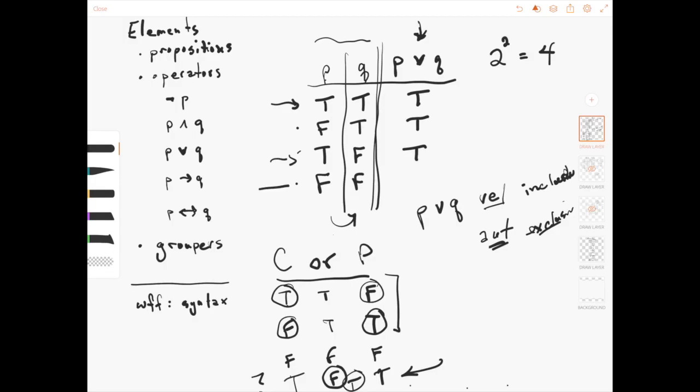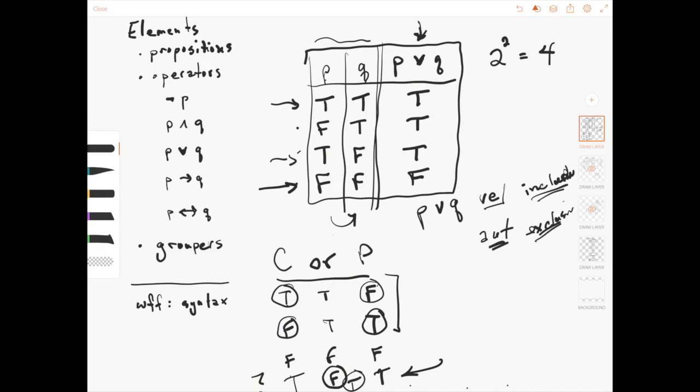And finally, if both are false, then P or Q is false. And again, this defines disjunction, which we interpret as the inclusive or. Inclusive means it's a little bit more generous and it includes more true possibilities than the exclusive or.